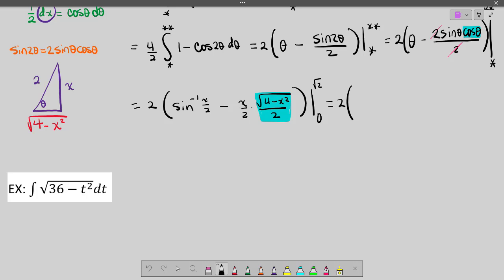So what angle on the right has a sine value of root 2 over 2? Pi over 4, exactly. So pi over 4 for that. Root 2 goes in here, and you square it, and you get 2. 4 minus 2 is 2, so root 2. And then you plug in root 2 for this x, so you have root 2 times root 2, which is 2 in the numerator, 4 in the denominator, so that's 1/2.